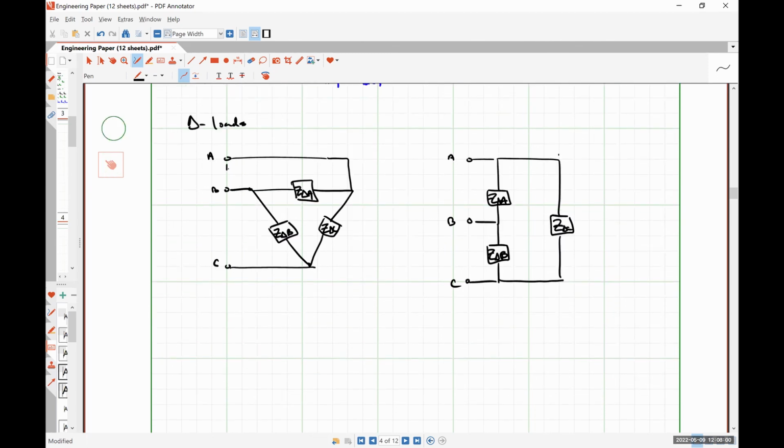So actually, our phase voltage, there's VAB. Here's VBC. Here's VCA.